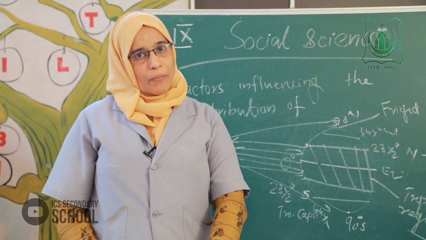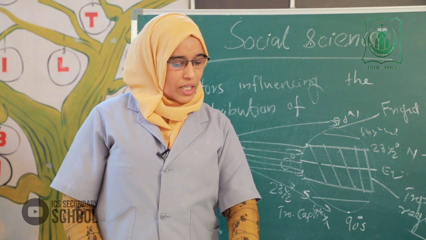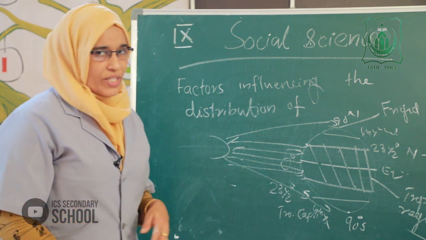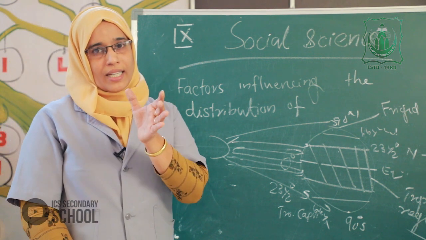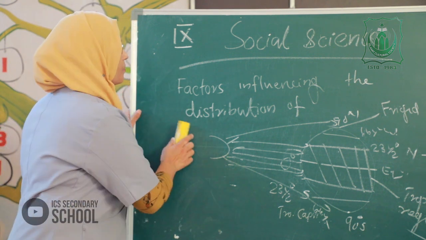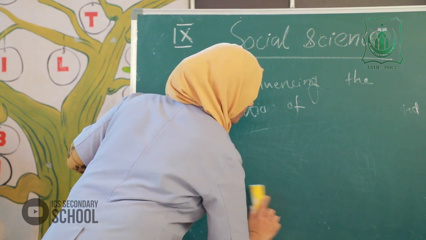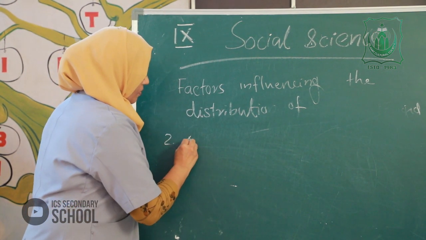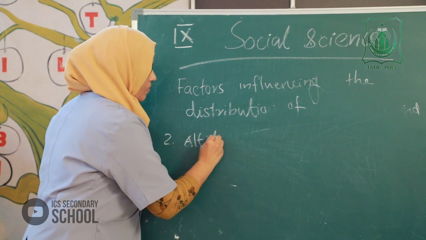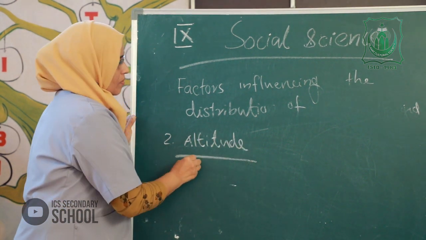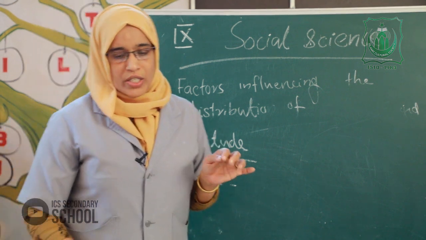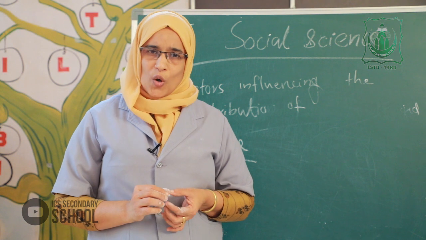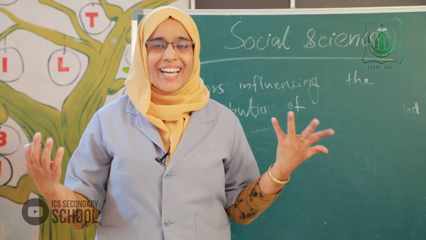Next factor influencing the distribution of temperature, altitude. First one, latitude. Second one, altitude. What does altitude mean?